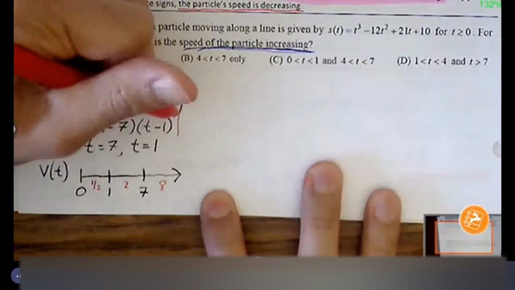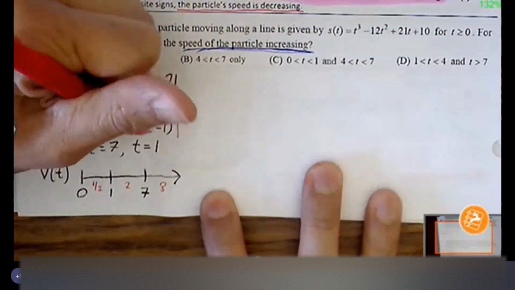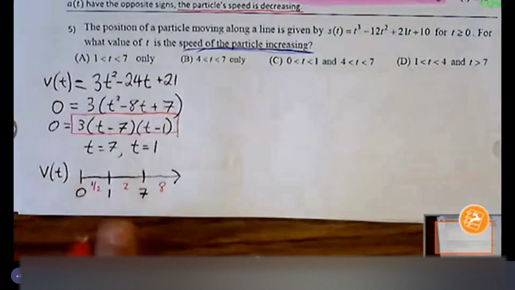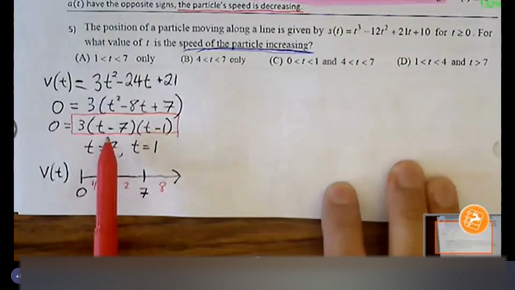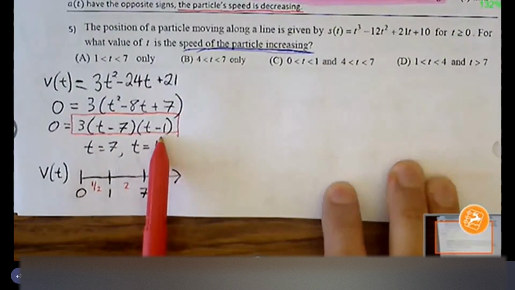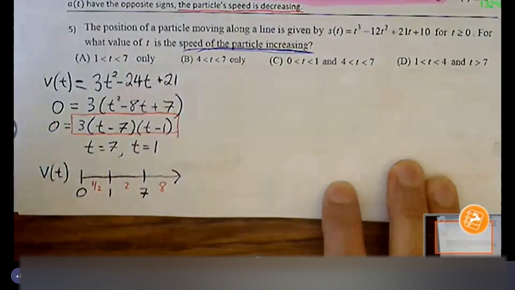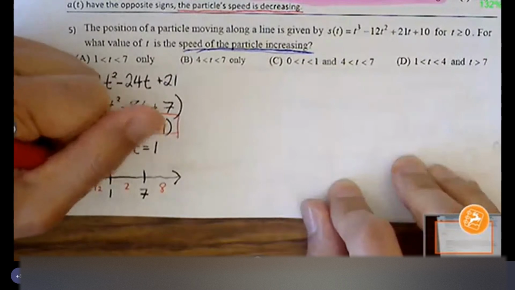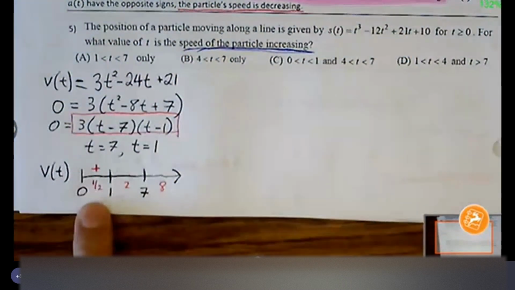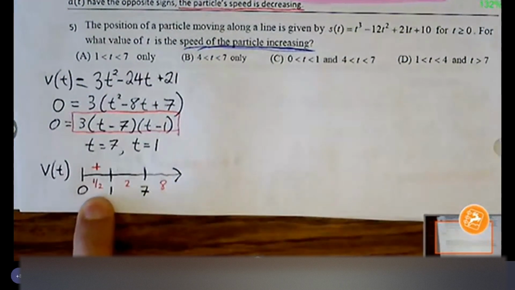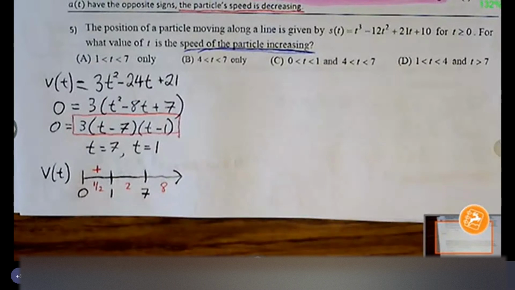Insert into the factored form of my velocity function. 1/2 in for t. I get 1/2 minus 7, that's negative. 1/2 minus 1, that's negative. 2 negatives gives me positive. So I know that in this interval, the object is experiencing positive velocity, which means it's moving to the right.